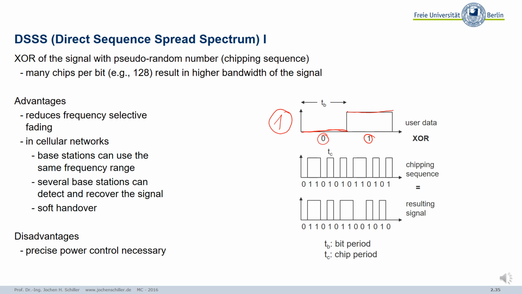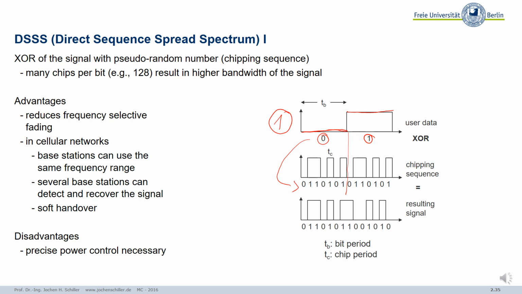And then we perform an XOR with something that is called a chipping sequence. So we XOR the 0 with these 7 so-called chips. Here you have 7 chips. We XOR it. So we XOR 0 results in 0. 0 XOR 1 results in 1.